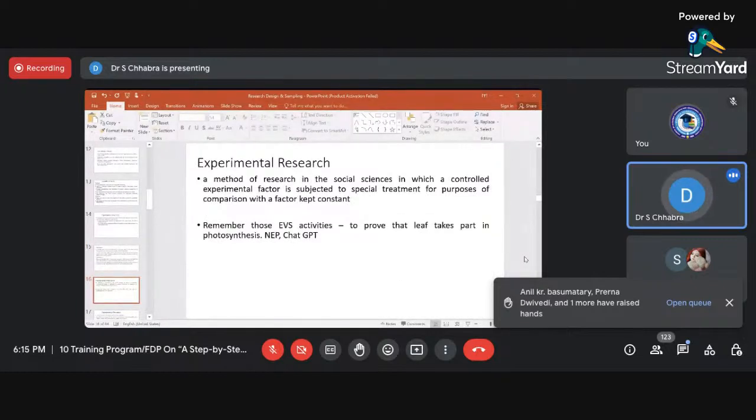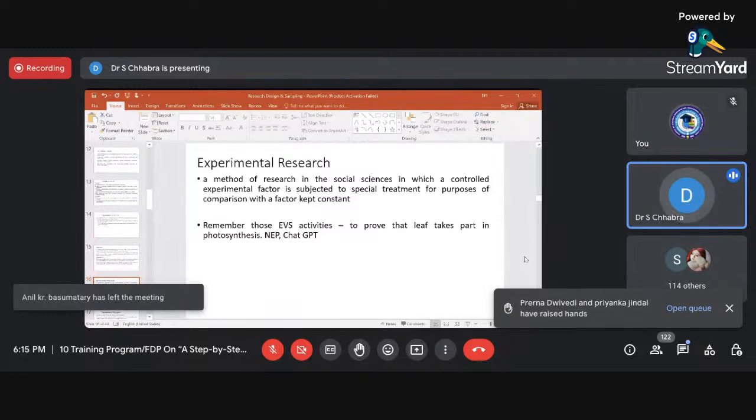Experimental researches, remember those EVS days? Go back to your school days. Remember those everyday science practicals, when you wondered what would happen if I cover half of the leaf. Done such experiments, or at least you might have read such experiments.